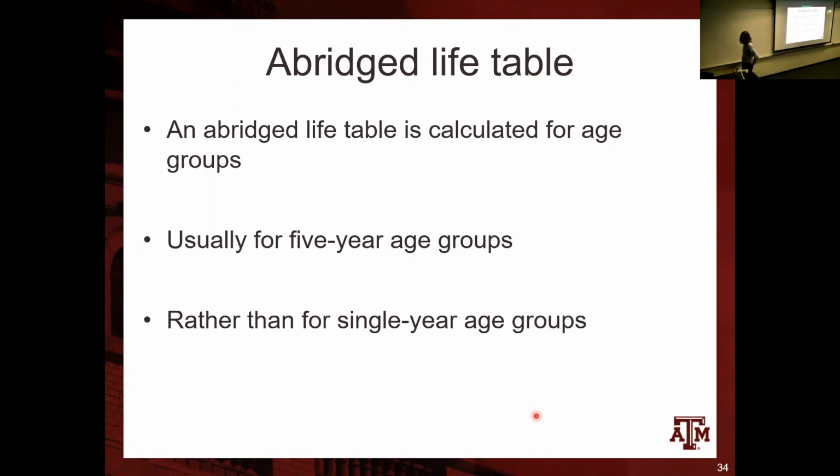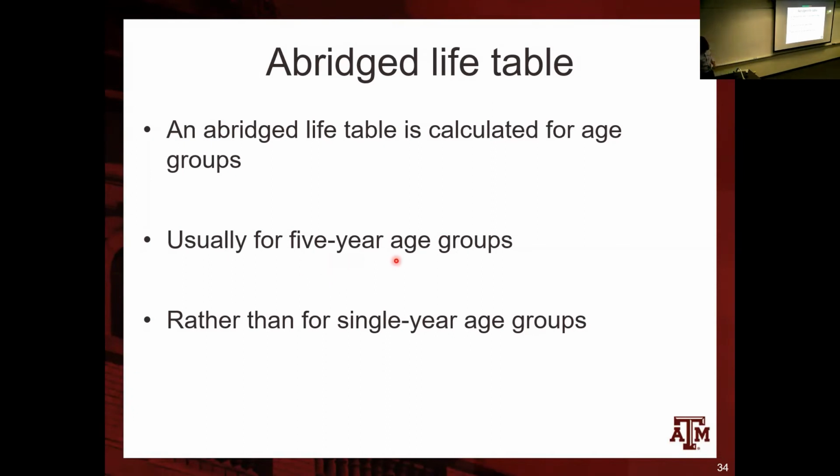And usually we break the population in 5-year age groups. But remember, the first one is 0 to 1, width equals 1, and the second one is 1 to 4, width equals 4. But the other ones are usually 5-year, until we have the last one, an open-ended interval.